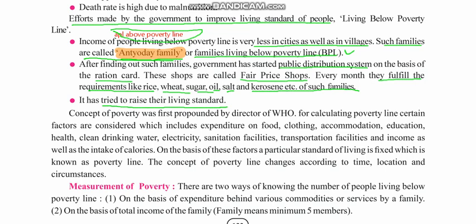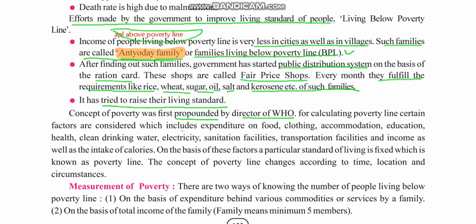The concept of poverty was first propounded, or first introduced, by the director of WHO, which stands for World Health Organization. For calculating the poverty line, certain factors are considered. How do you calculate that this person is below the poverty line and this person is above it?